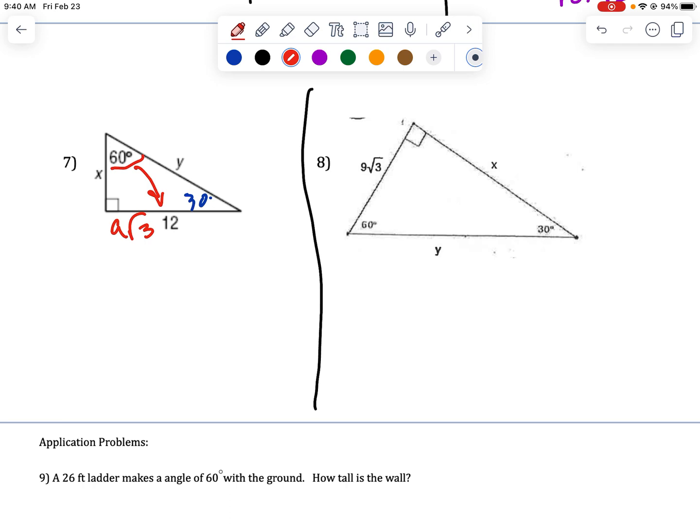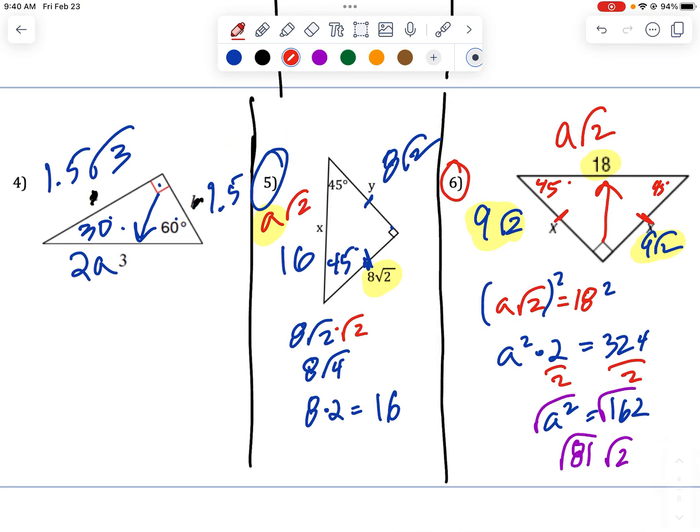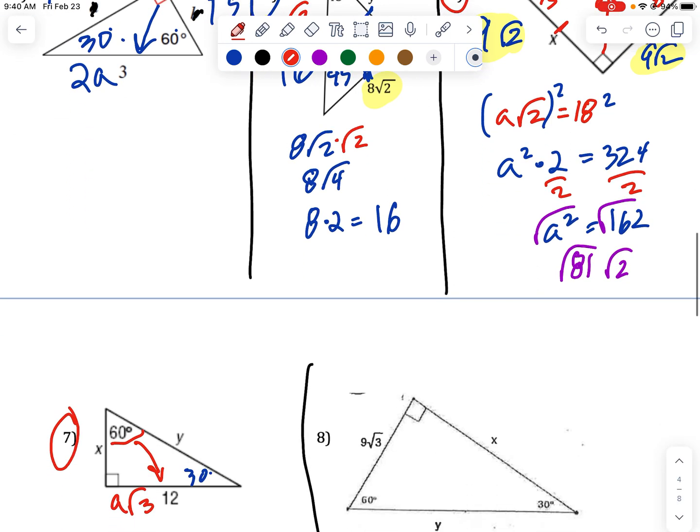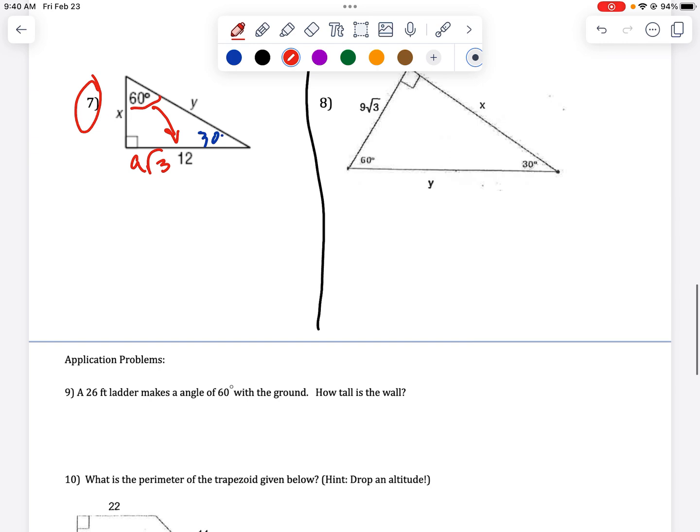So the work here in number 7 is similar to the work we just did in number 6. But instead of root 2, you have a root 3. All right. So in order to find my a value, I set a root 3 equal to 12, and then I follow the same process.